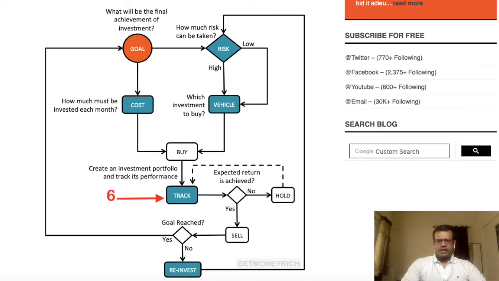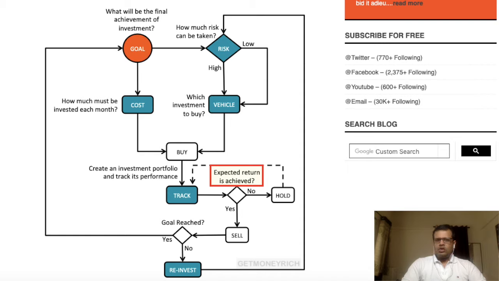If we are tracking closely, that will be more than enough. What will we track? We are tracking whether the expected rate of return has been yielding or not. In our example, we have considered an expected rate of return of 12%. Here we will track whether our investment is already yielding 12% or not.